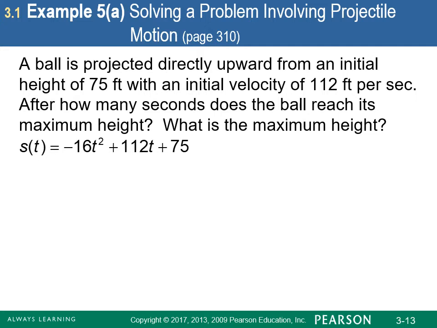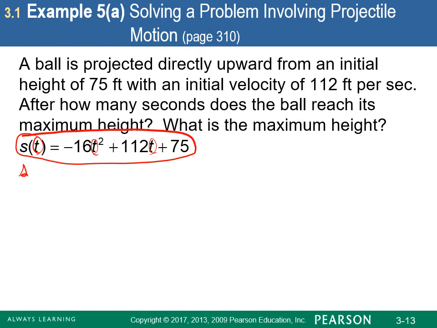So now that we have the equation, we can use our calculator, sort of. Notice that this one has the variable t. Now that's a problem. Our calculator doesn't understand the variable t. But that's okay.